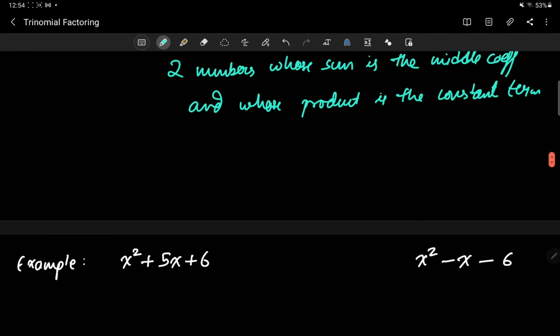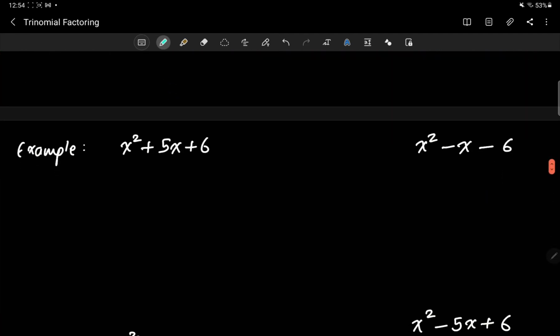For example, here, we're looking for two numbers whose sum is 5 and whose product is 6.